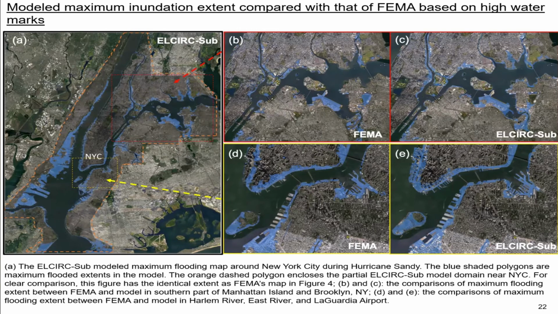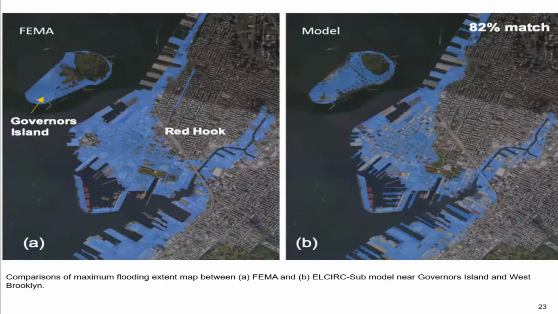And further, we compare the detail near Manhattan, and the left panel is FEMA's, and the right panel is the model. From an area point of view, it catches about 80% match.